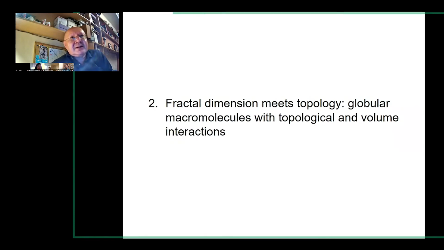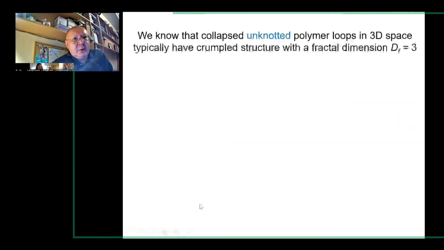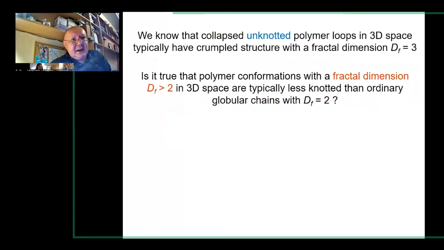Therefore, there is an idea which can be formulated like this. We at least believe that a collapsed unknotted polymer loop in 3D space typically has a crumpled structure with fractal dimension 3. As I showed you, on all scales they are not knotted. But is it true that if we generate a polymer configuration with a fractal dimension more than 2, which is the random walk in 3D space, these trajectories will be less knotted than ordinary globular chains?